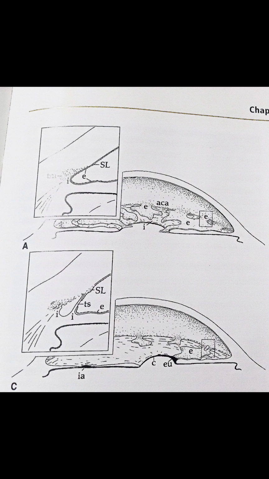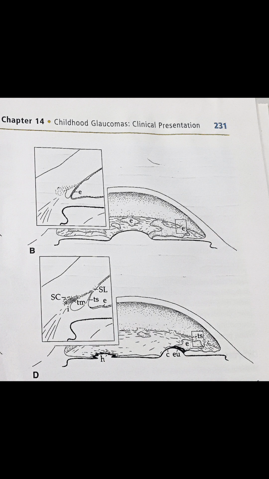A tissue strand, TS, can also be seen. Figure D. Incomplete development of trabecular meshwork and Schlemm canal, SC. Continued traction on the iris with possible secondary ischemia leads to hole formation, H.